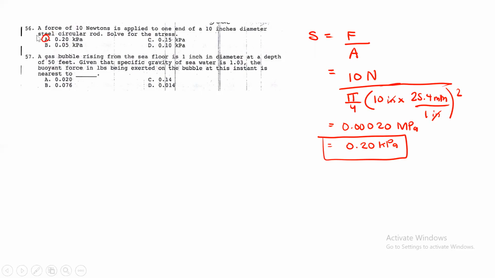The next, 57. A gas bubble rising from the sea floor is 1 inch in diameter at a depth of 50 feet. Given that specific gravity of seawater is 1.03, the buoyant force in pounds being exerted on the bubble at this instant is nearest to, so ano sagot dito, paano itong 57?